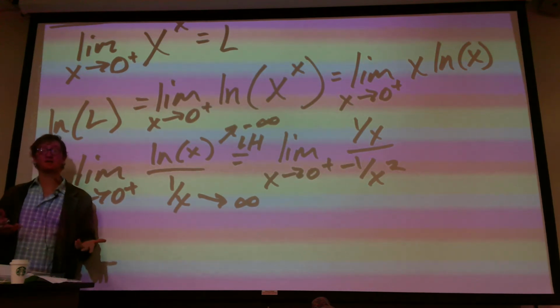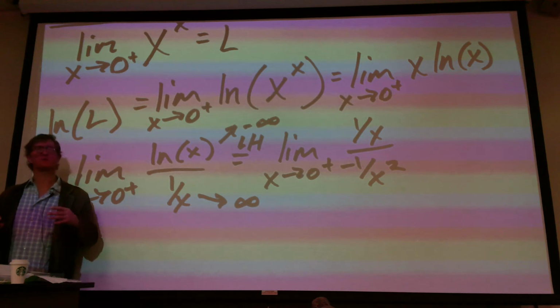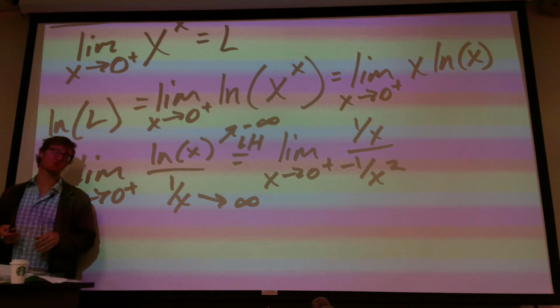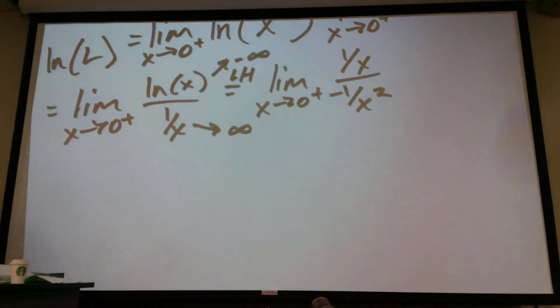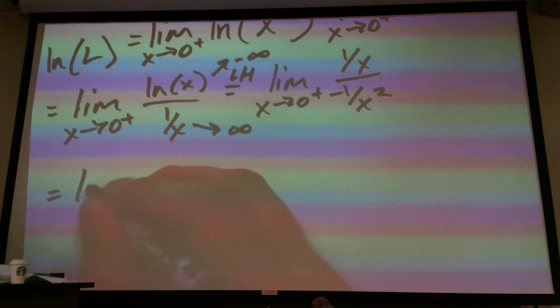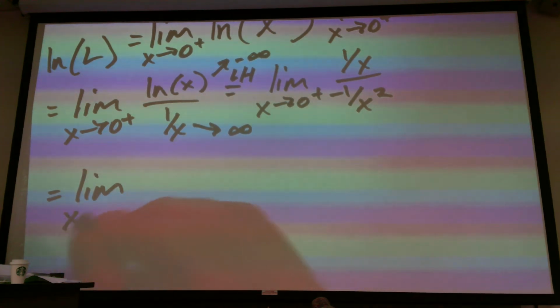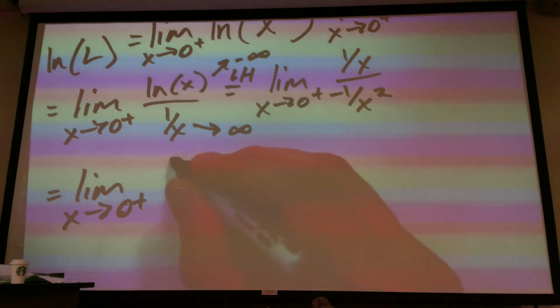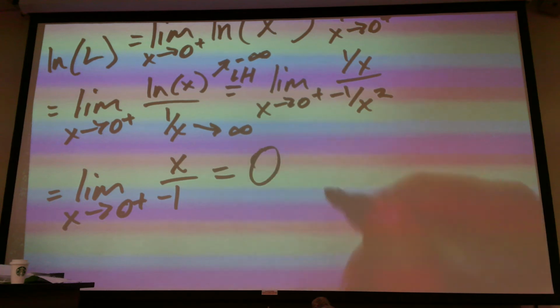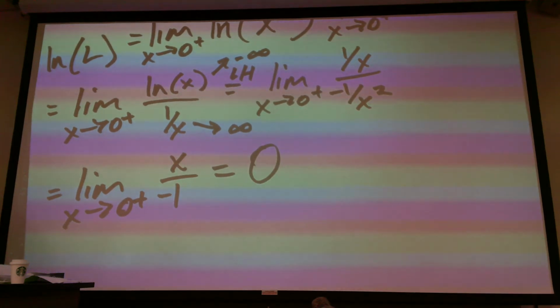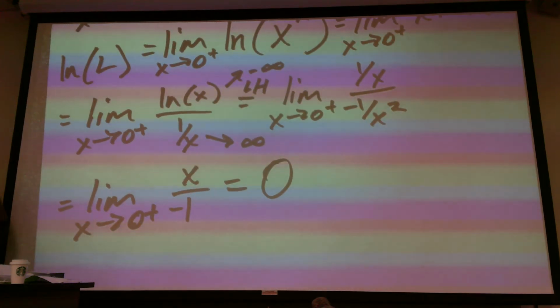That step is not necessary. Let's just say we're going to flip the guy on the bottom upside down, and so the top will become x squared divided by x. So that would equal the limit as x tends towards 0 from the right of x divided by negative 1, which would equal 0.